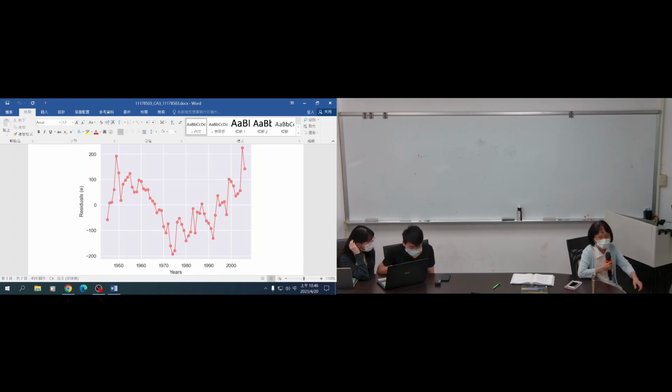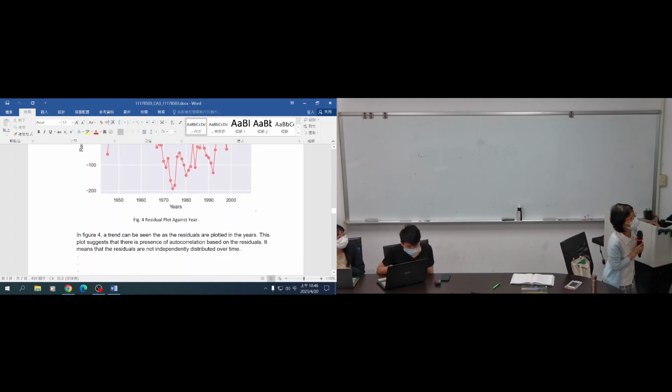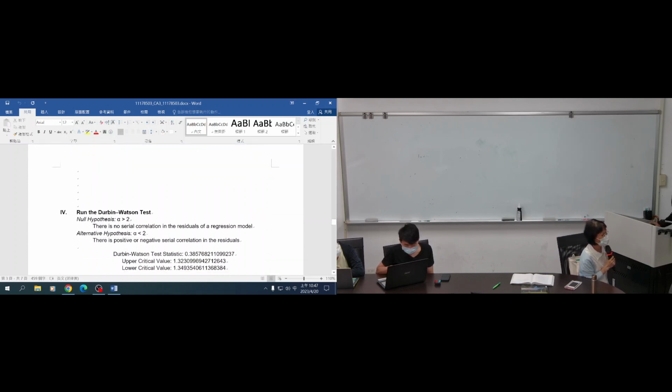This is really positive autocorrelation: it goes up, up, up, then down, down, down, then up again. So, assuming that I don't know the term serial correlation yet, this plot suggests the presence of autocorrelation, and it means that the residuals are not independently distributed over time.